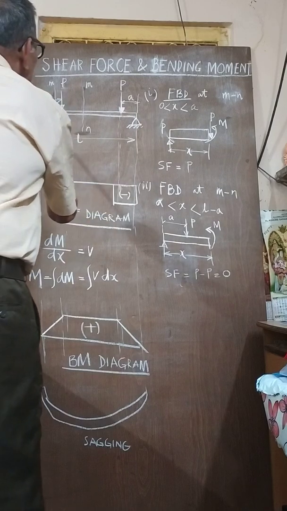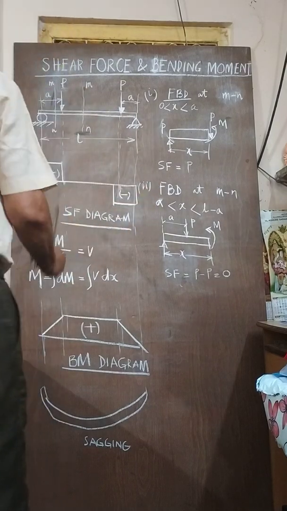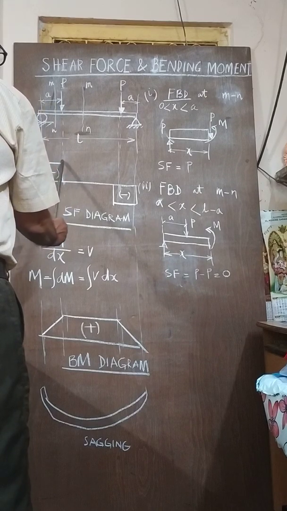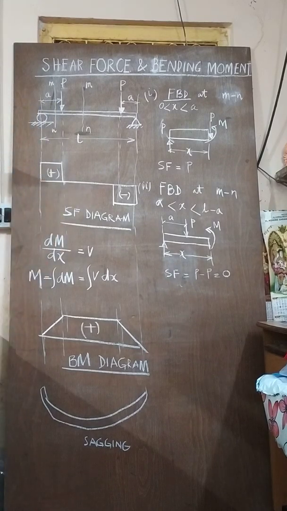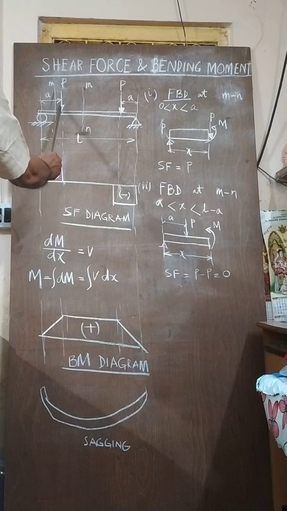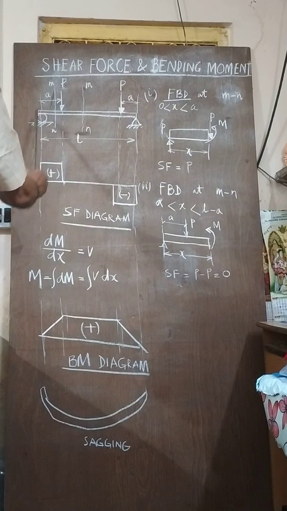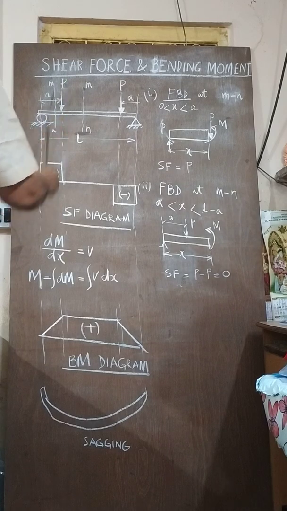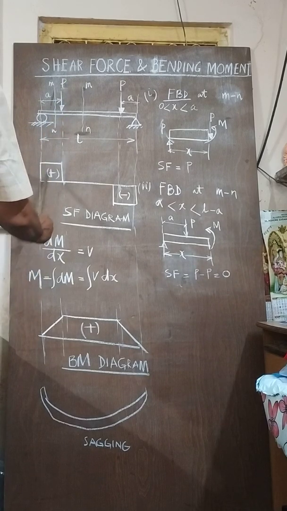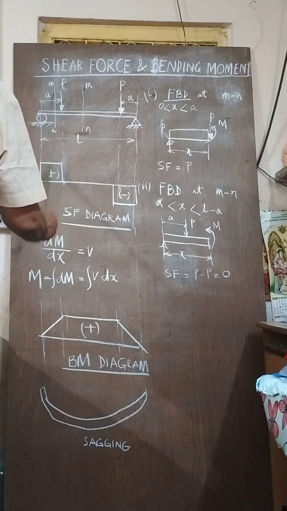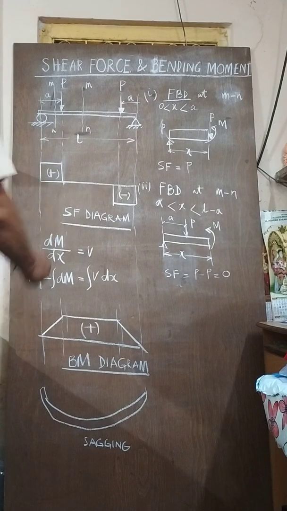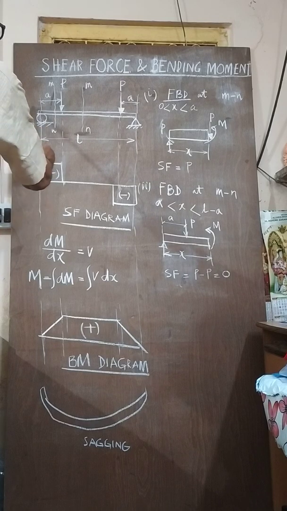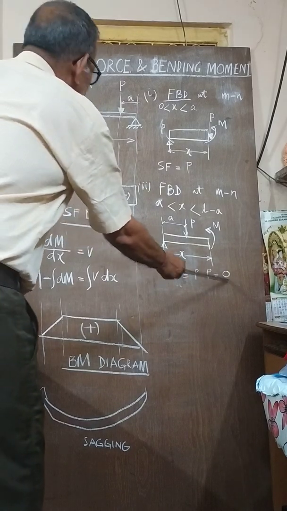So along the length of the beam, up to A the shear force is P. When it comes to A, the upward force is negated by the downward force, the transverse downward force, cancelling the upward force, so this becomes 0 at this point. If you go beyond that, the shear force has become 0. This is evident.